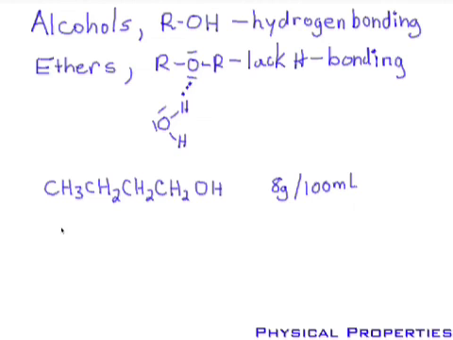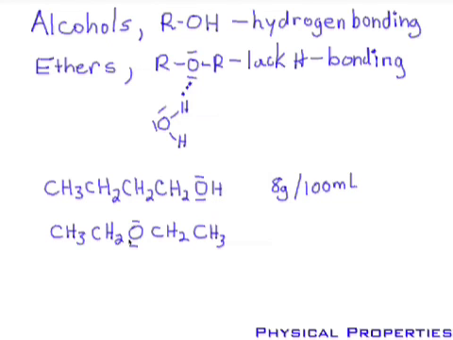What's interesting is, and this really exemplifies the fact that water can hydrogen bond to an ether, diethyl ether, which also has 4 carbons, effectively has the same solubility. And one could argue and say, well, hold on, butanol, 1-butanol, has OH bonding.